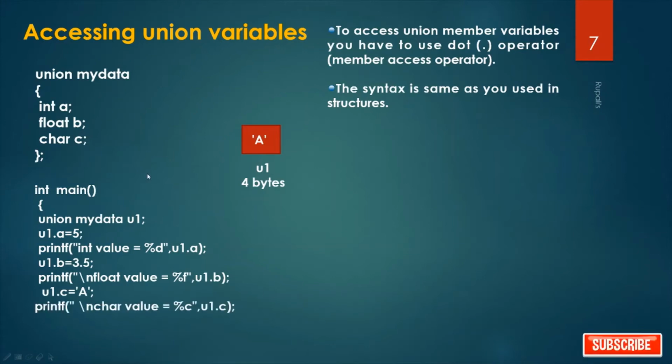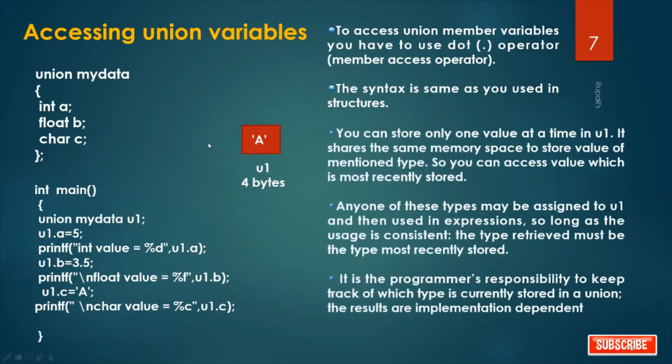Now I want to store the value a in c. When I print here, it will print a, and the same location is shared here. So in place of 3.5, it will store a. So you can store only one value at a time in E1.